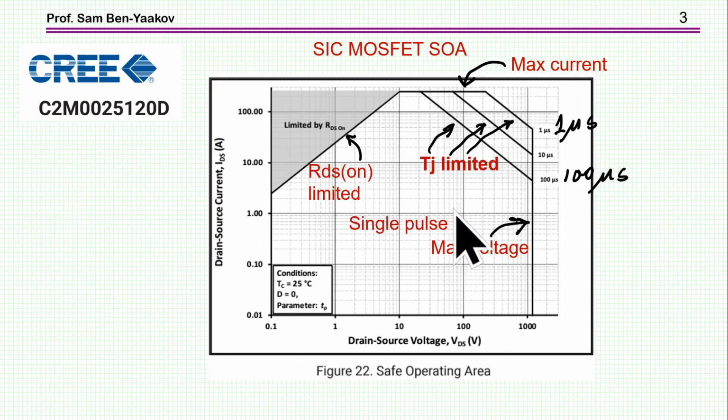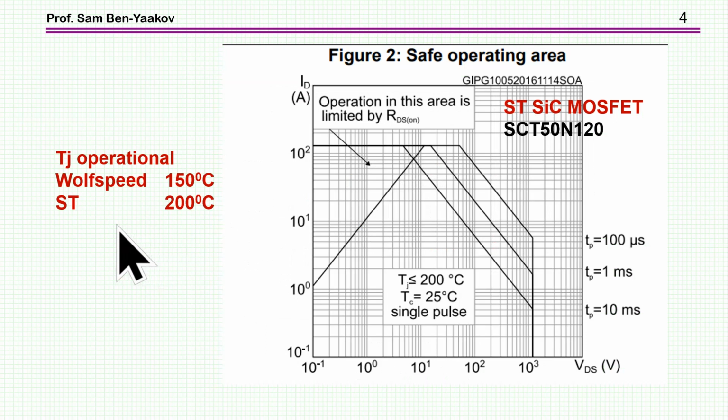Well, we'll check it later on. On the other hand, some vendors like ST, of course, also give this safe operating area plot in their datasheet. And then this particular unit that they have, the silicon carbide, has specified the maximum operating temperature of 200 centigrade as opposed to 150 for Wolfspeed. I really don't understand the very big difference.